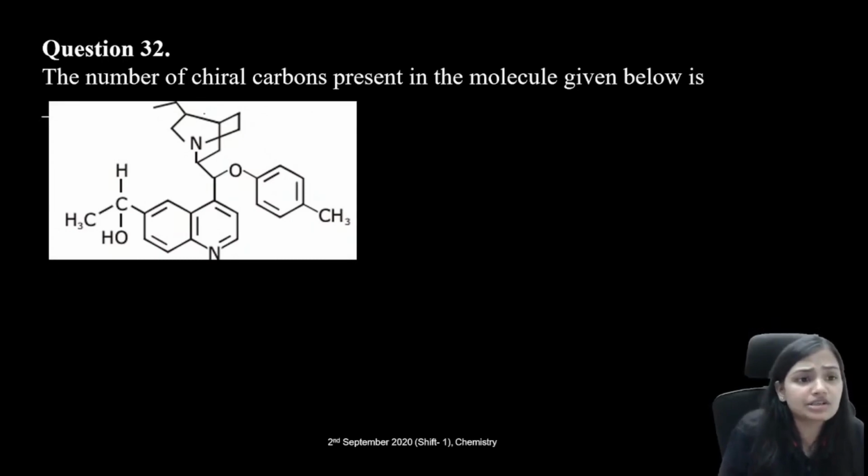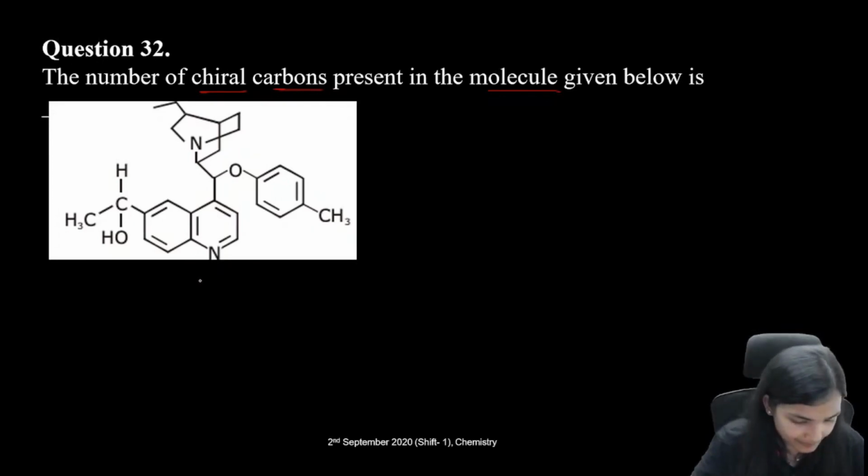Now here in the question, the structure is given to you. You have to find out the number of chiral carbons present in the given molecule. Now the question becomes easy, right? The structure is given, figure out the number of chiral carbons. Is this chiral? Absolutely. One chiral. Is this chiral? No. This is chiral. Yes. Is this chiral? 1, 2, 3, 4. Absolutely.